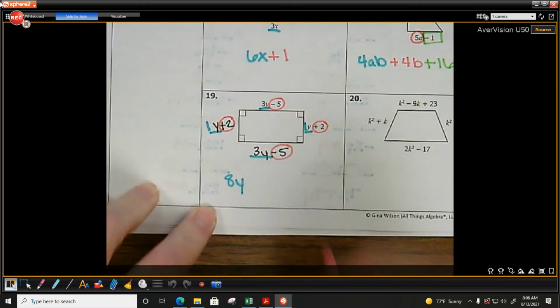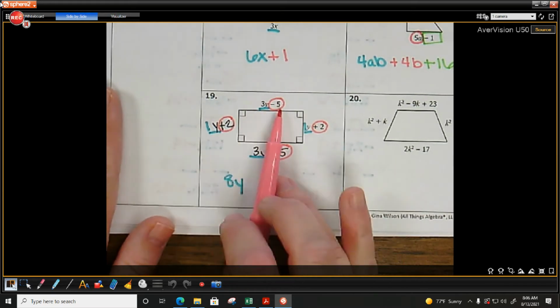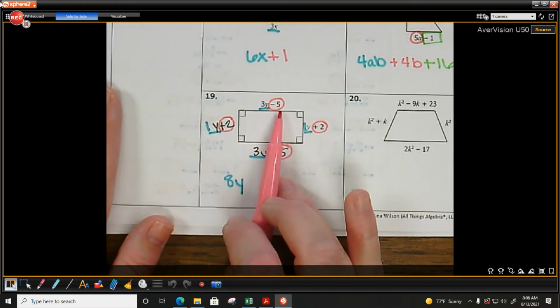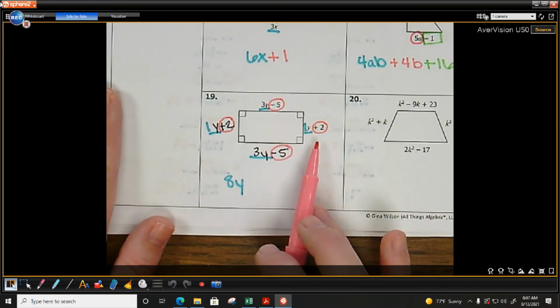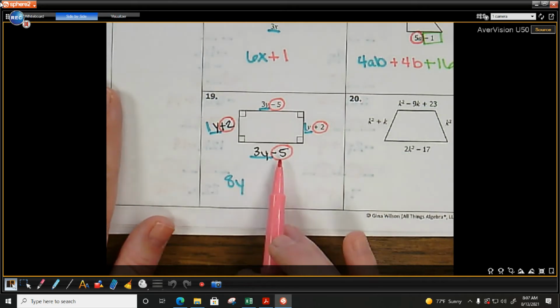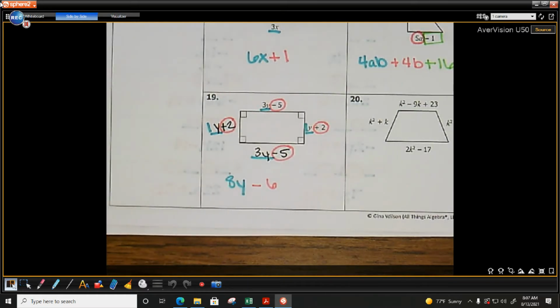So what's 2 minus 5? Negative 3. Negative 3 plus 2. Negative 1. Negative 1 minus 5 more. Negative 6. Are these like terms? Nope. Okay. Y'all try 20 on your own.